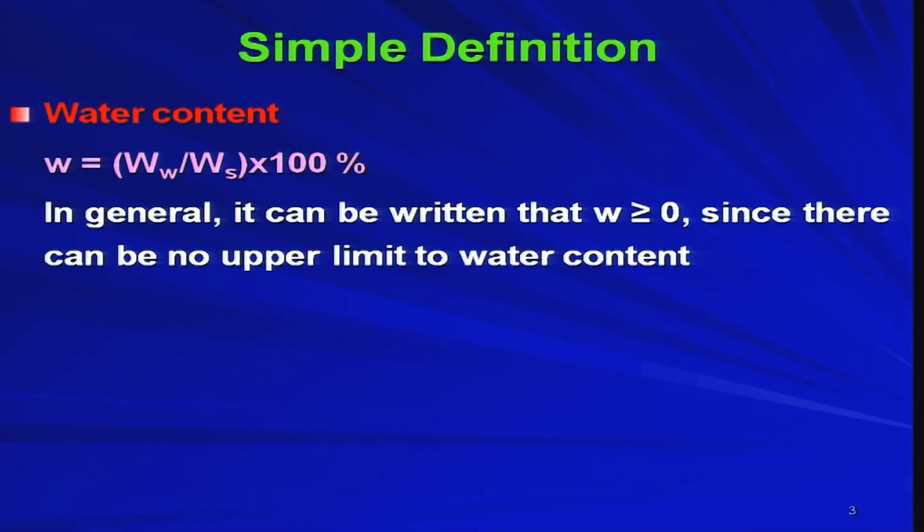But of course, there should be a lower limit, that is 0. At the minimum you can have the 2-phase system which is completely dry, so there is no water at all, and w is equal to 0. That situation exists, but there is no upper limit for the water content.